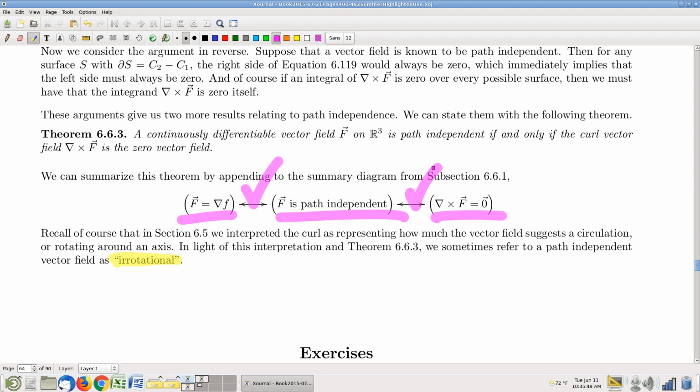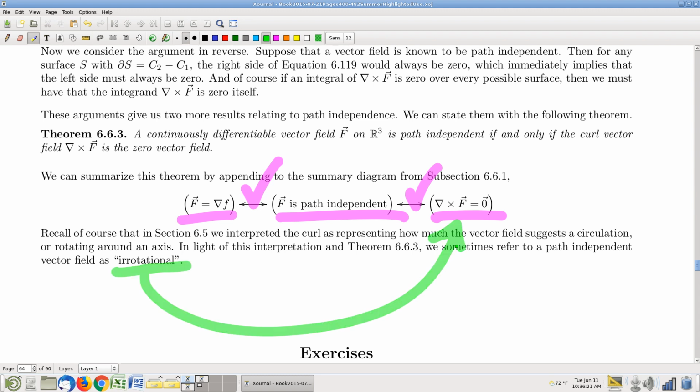So gradient fields, also known as conservative fields, are the same as path independent fields, which are the same as vector fields whose curl is equal to 0. Keeping in mind that curl represents the extent to which there's a rotating of the fluid around some sort of an axis, if that curl is 0, we use the word irrotational.